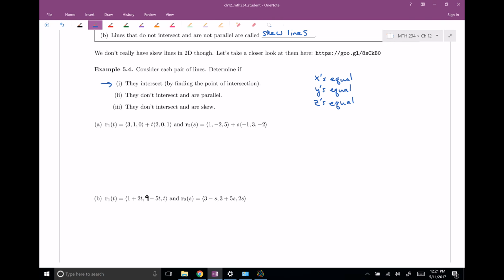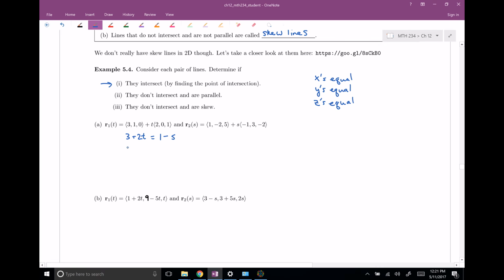Again, for their x's to be equal, you almost want the parametric equations here. The x component here is going to be 3 plus 2t. That's all the x stuff. I want the x's here to be equal to the x's here, which is 1 plus negative 1s, so I'm just going to write this as negative s. That's what it would take for the x's to be equal.